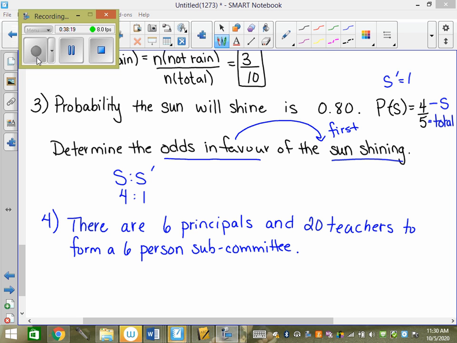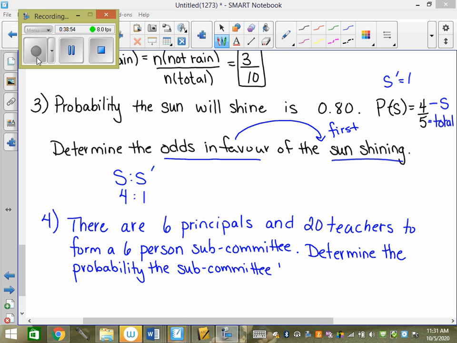So I can go, there are 6 principals, 20 teachers to form a 6-person subcommittee. And then I could say, determine the number of ways the subcommittee can have 2 principals. That's a plain old permutation question, right? Or I can say, determine the probability the subcommittee has exactly 2 principals.